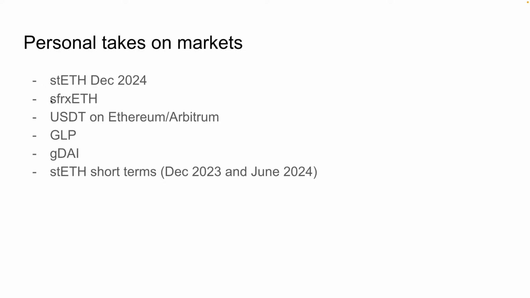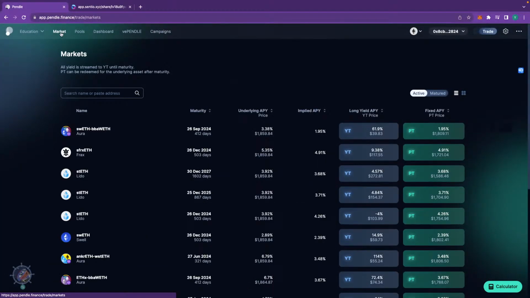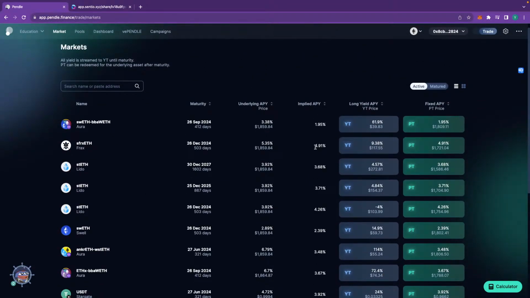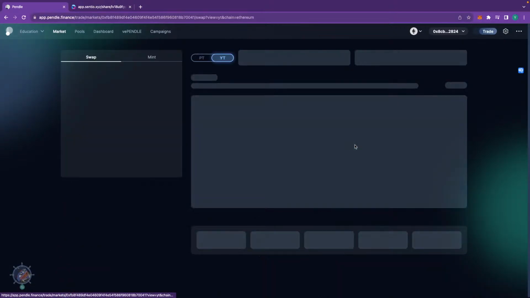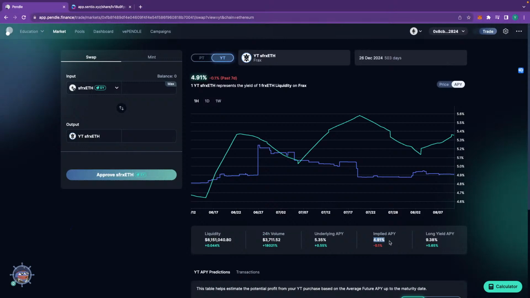Next one is the abstract ETH market on Ethereum. This market is interesting in the sense that, without looking at any other details, just the raw 4.9% fixed yield on ETH terms is very attractive to me.